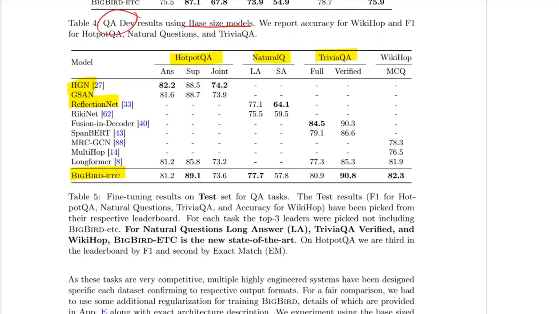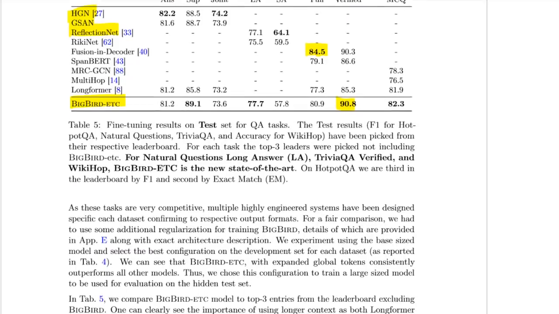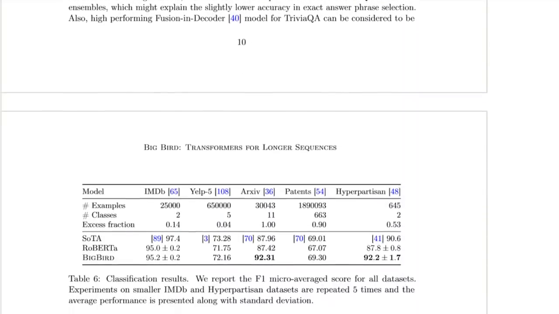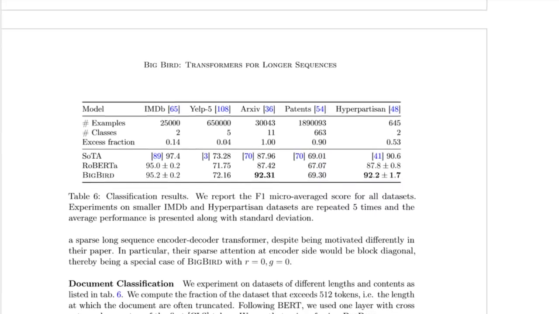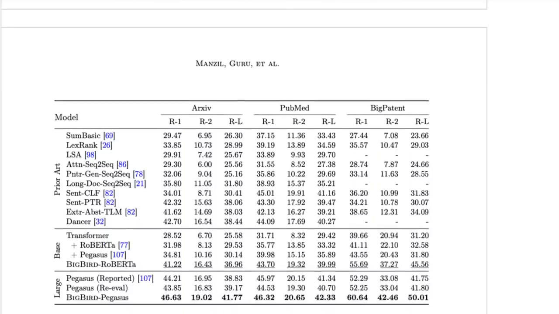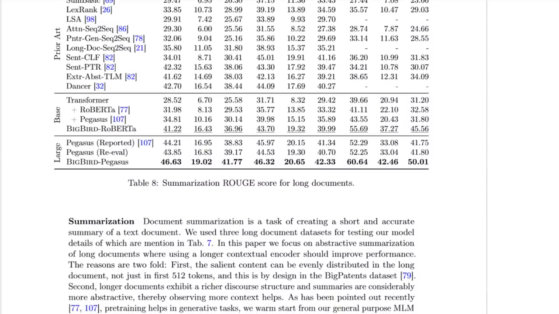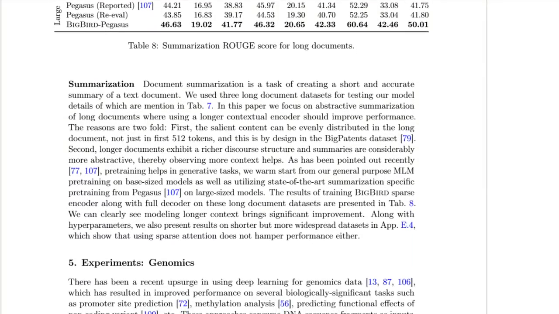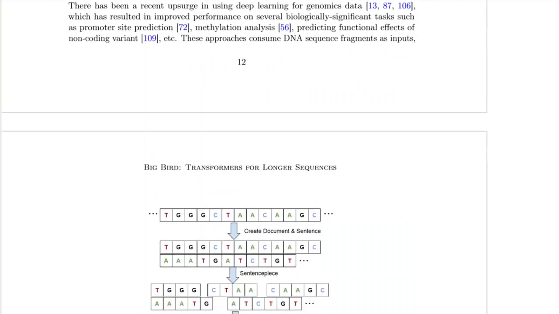Especially when you see results mixed like this, sometimes the other model is good and sometimes BigBird is good on different variations and so on. I would not make a big deal out of the fact that it is state of the art. I get that the authors have to do that, I would do so as well, but don't think that this is the best thing now. It's very probable they just also threw a lot of compute at it.